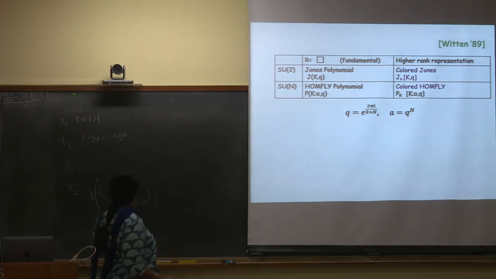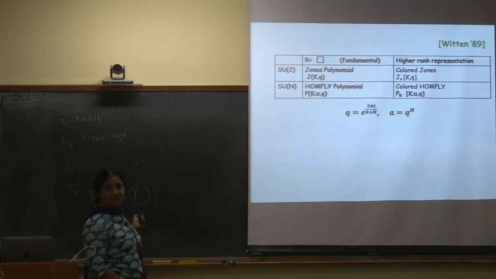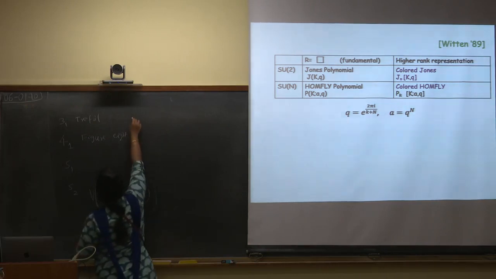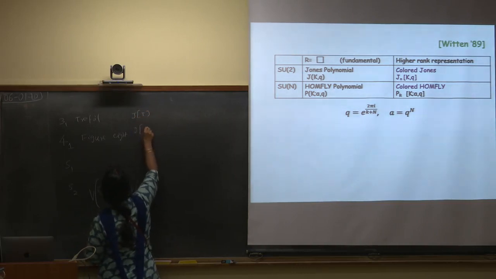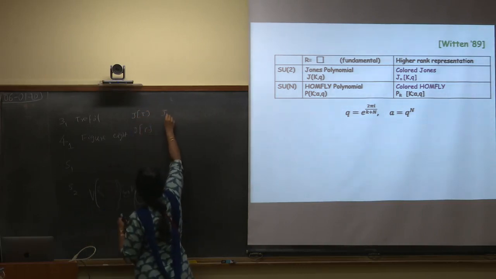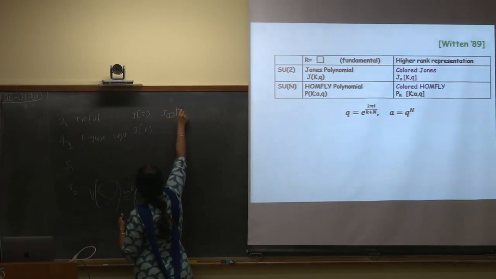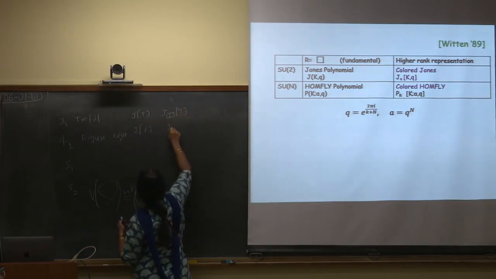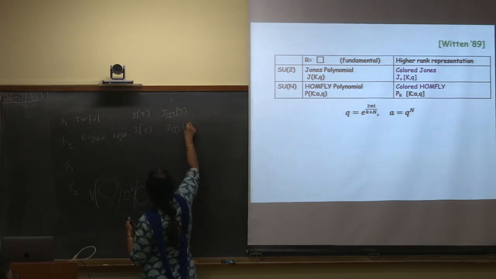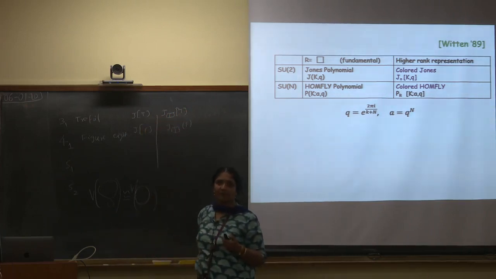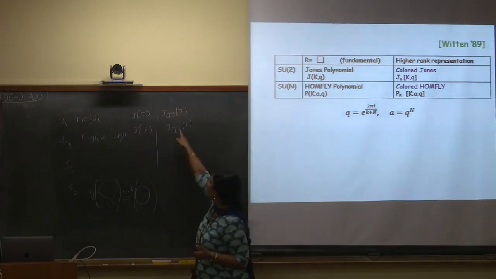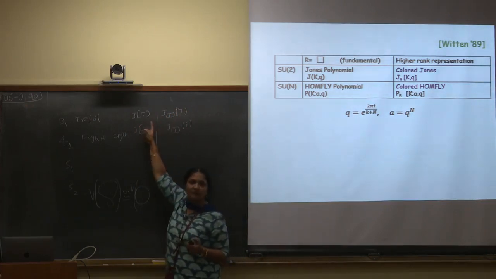Like trefoil, figure 8 which I have drawn here, I can write Jones for trefoil, Jones for figure 8, and then it continues with spin 1. So this is one list and you can start listing the polynomials; this is spin 1, this is spin half and so on.